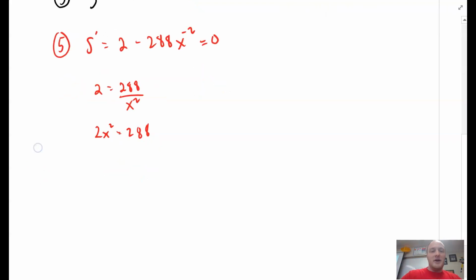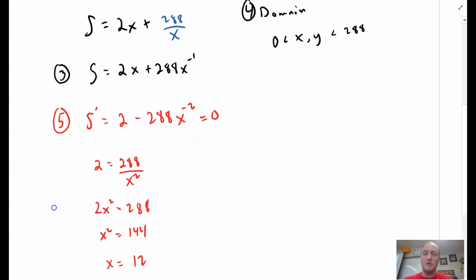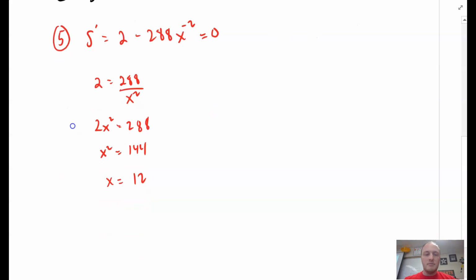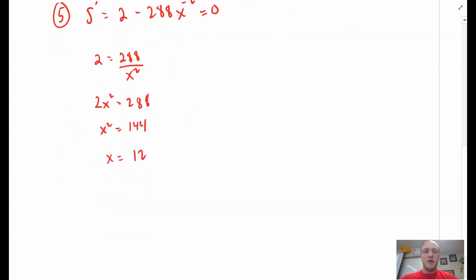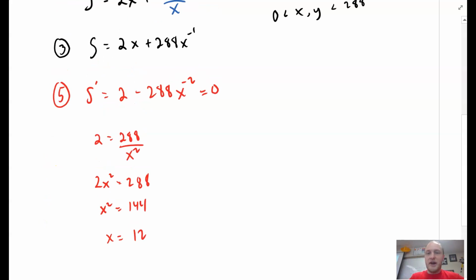We get x squared is equal to 144. Thus, x is equal to plus or minus 12. Again, we said our domain, x and y, must be positive, between 0 and 288. So it's got to be 12. It can't be -12.